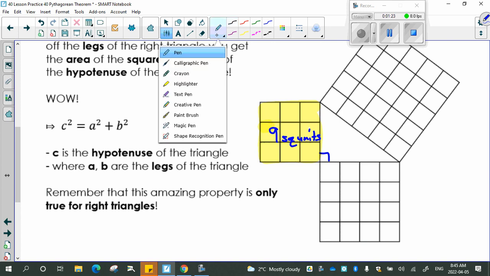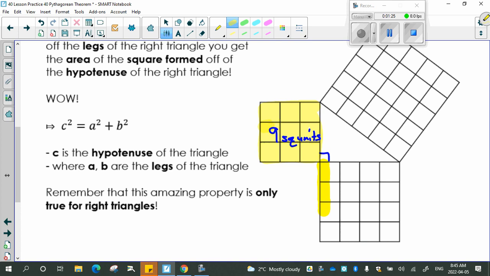And then find the area of this leg, just by counting the number of squares. It's 16 square units.